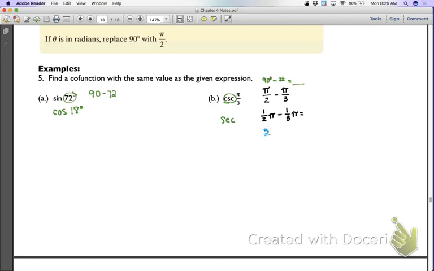So 3/6 minus 2/6. How much am I left with? 1/6, or pi over 6.